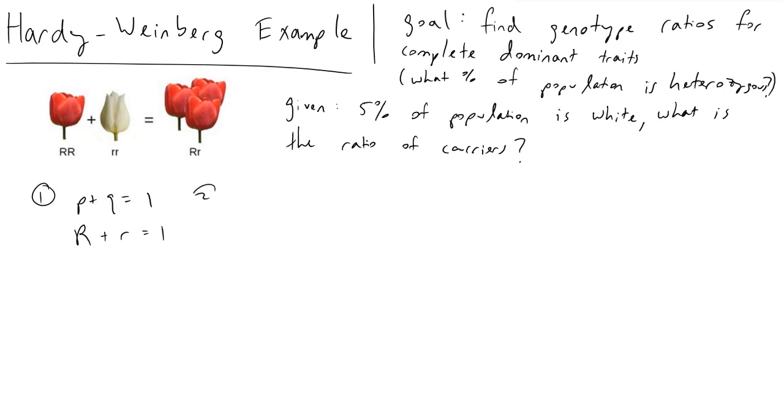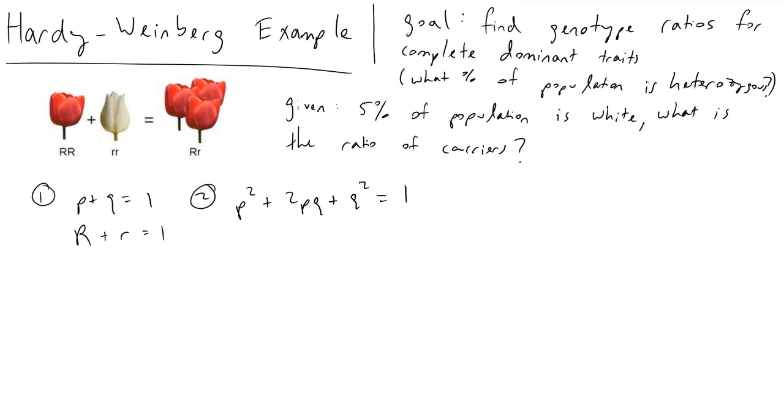The next part of the equation tells us that the genotype ratios must also sum to unity. This is p squared plus 2pq plus q squared, which must equal 1. What does this mean?